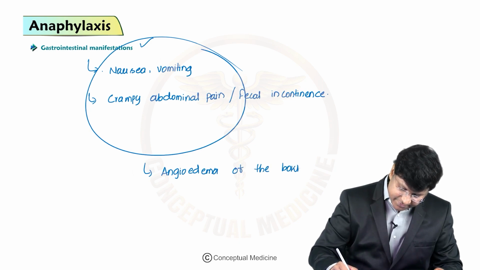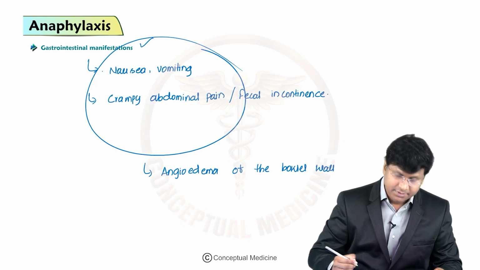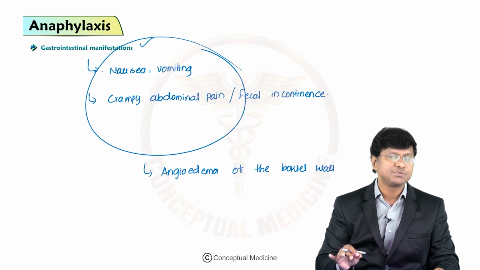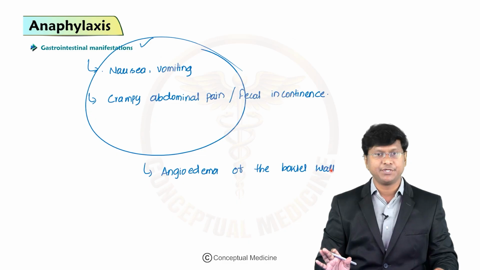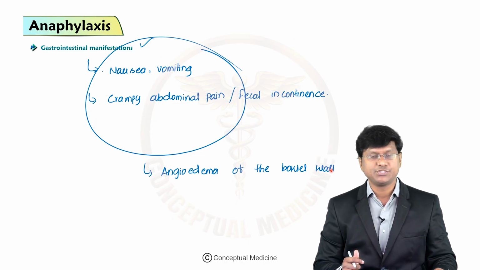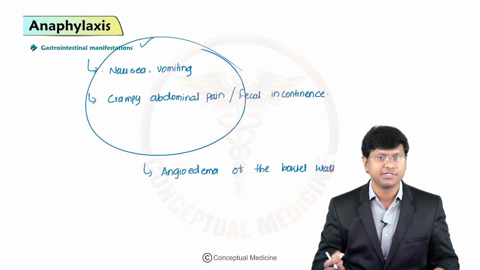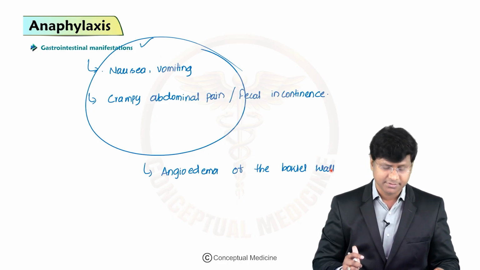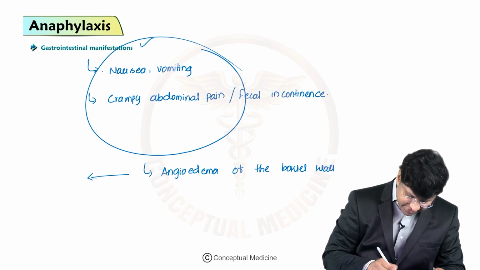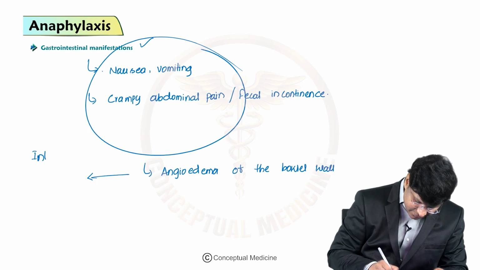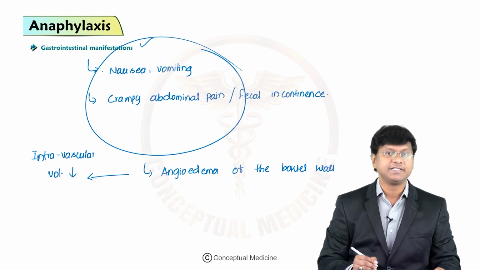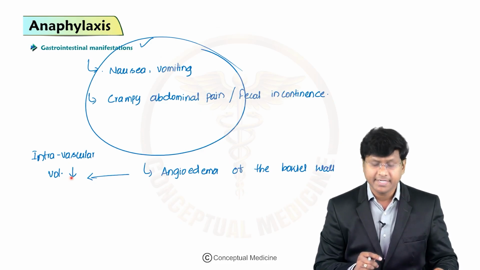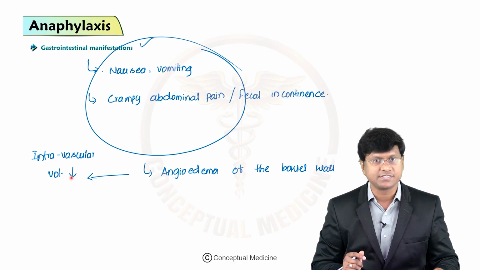This may also cause sufficient intravascular volume depletion to precipitate the cardiovascular collapse, because once there is angioedema of the bowel wall, the absorption of the fluids or the nutrition across the GIT does not occur, and thereby there will be intravascular volume depletion, and even that can precipitate the cardiovascular collapse.